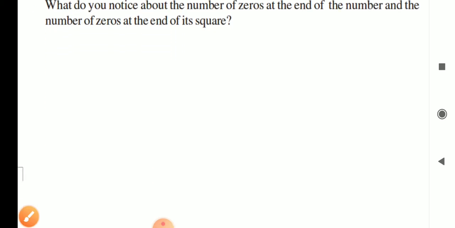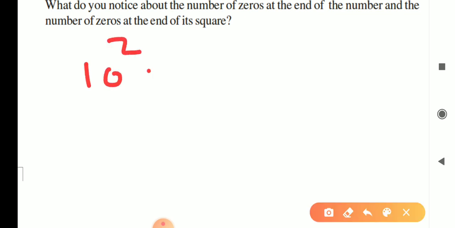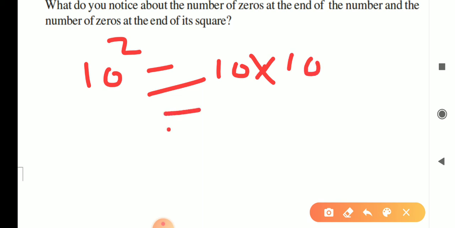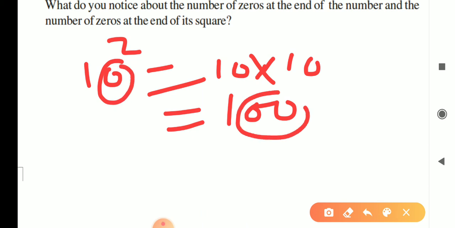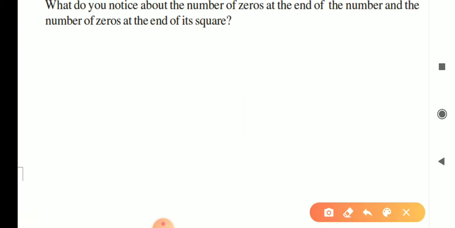Now I am doing 10 squared. In 10 there is 1 zero, and the square of 10, that is 10 into 10, is 100. There is only 1 zero in the number, and there are 2 zeros in the square. Now I am taking 1000 squared.